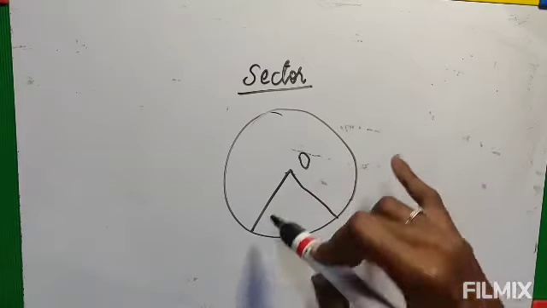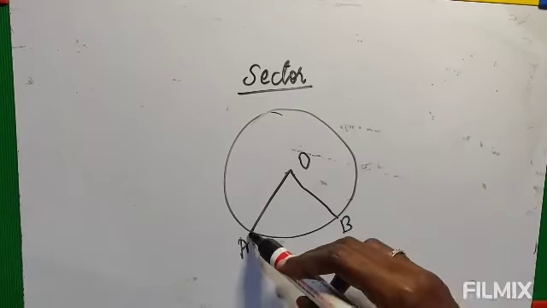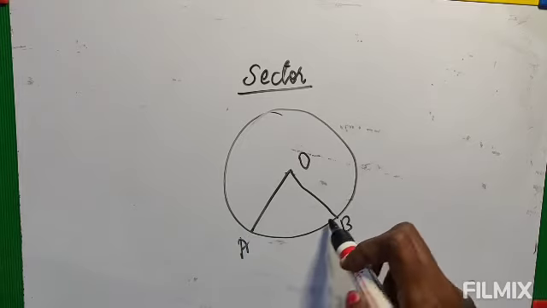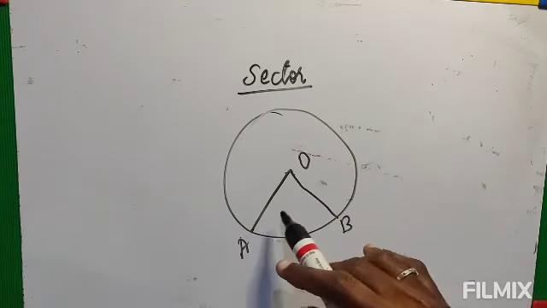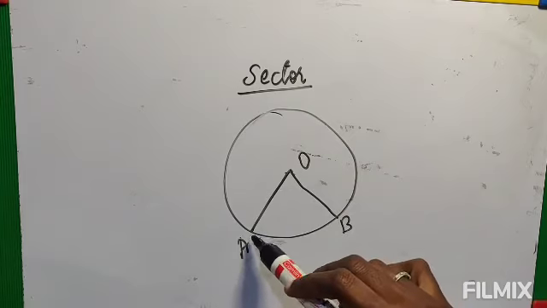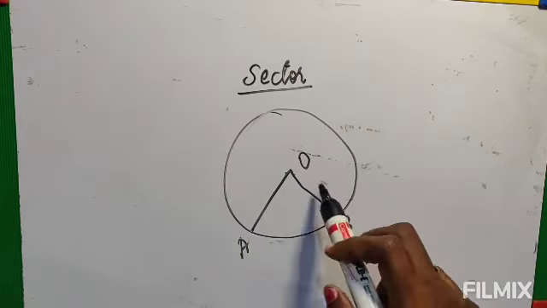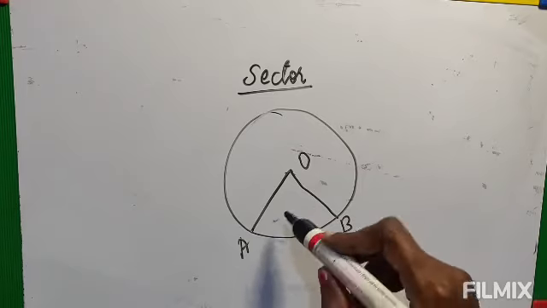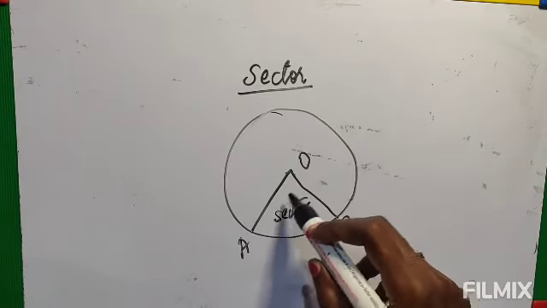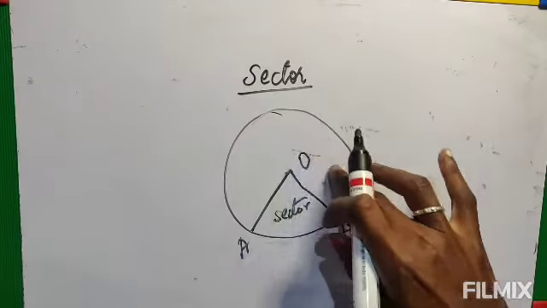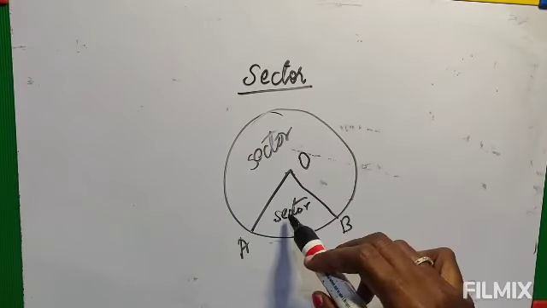This is center O, this is A and this is B. Now the portion between A, O, B is one sector. This is one part and this is another part, another sector. This is a bigger sector and this is a smaller sector.